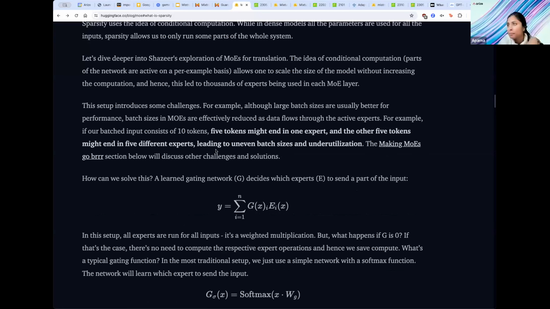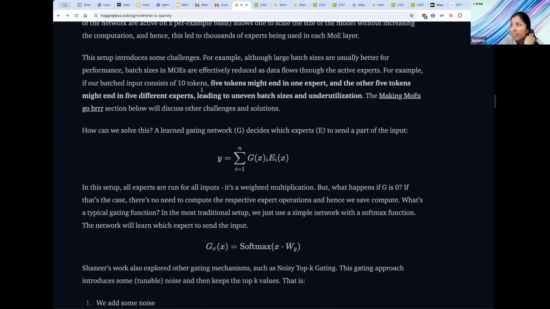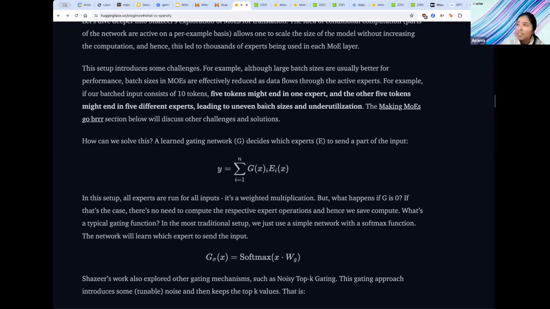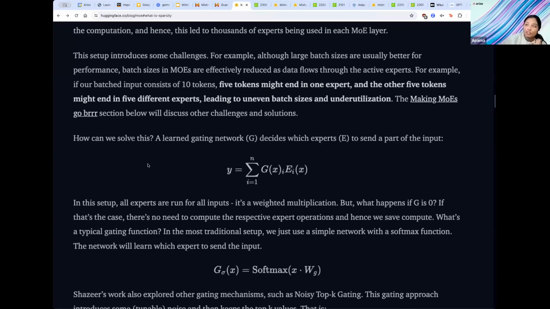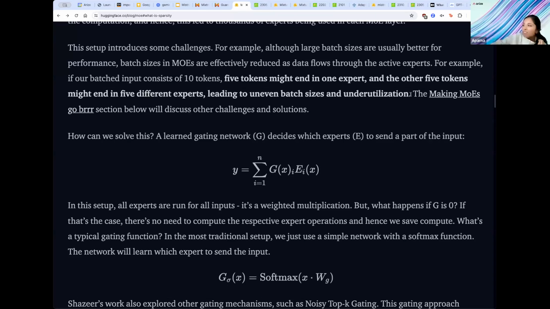Essentially, this is what we're saying here: how do you know which tokens end up at which expert? There's a lot to caveat here, because if you have uneven distribution or some experts don't get utilized, that's what you don't want. If you think about it in a really simple format, there's a gating network and then a number of experts.